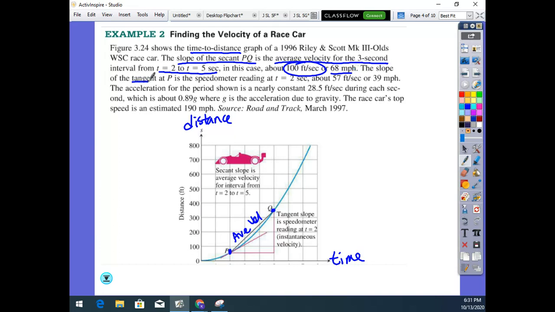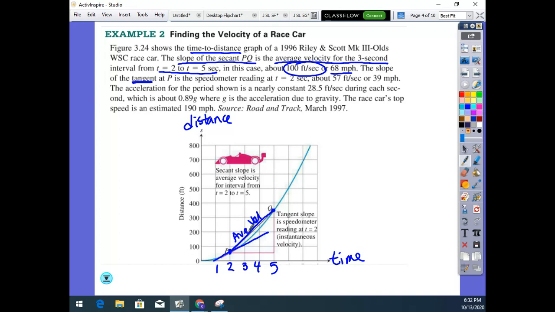The slope of the tangent. See the difference: the secant line is 2 points, the tangent line is 1 point, at time 2. Notice how my slope at point 2 is less than my secant line, right?